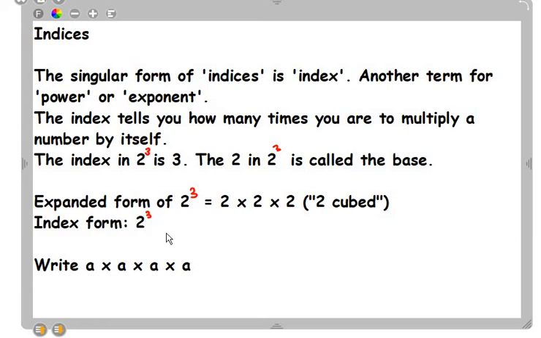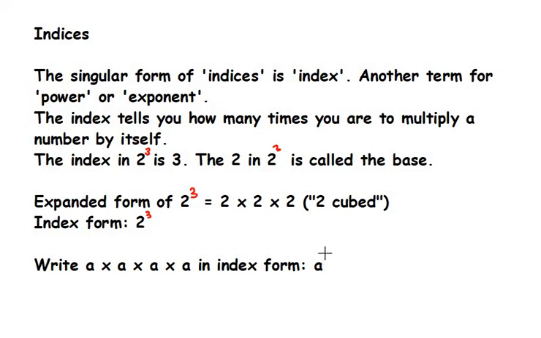To write it in index form, a is being multiplied by itself 4 times, so that would end up being a to the power of 4. And that's basically it for index form.